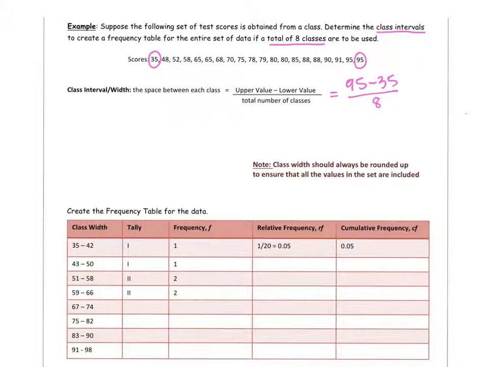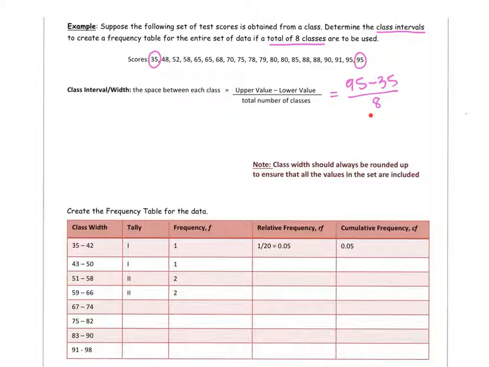So take a look at this frequency table here that's already been pre-made, but it's a little bit incomplete. Notice how many rows there are in this frequency table. When I count up the number of rows, there are 8 rows. So that tells me I should have 8 groups here, or 8 intervals. And so this problem has already determined that there are 8.